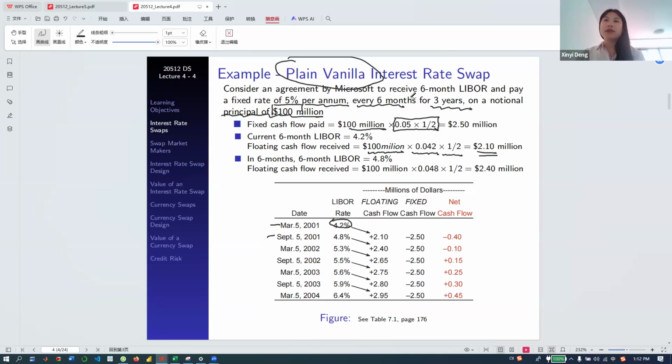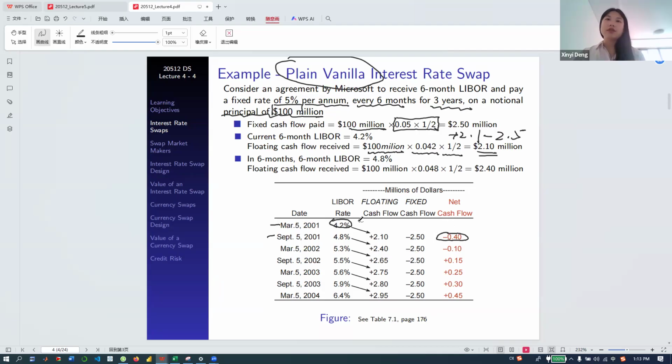Since you agree to receive the floating rate and you agree to pay the fixed amount, you will be receiving 2.1, that's plus 2.1, and you will be paying out the fixed payment, so you will be minusing 2.5, and the net difference between them is minus 0.4. So that's how we get this amount here.